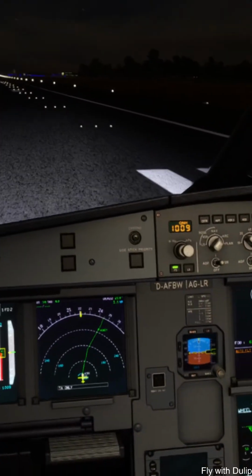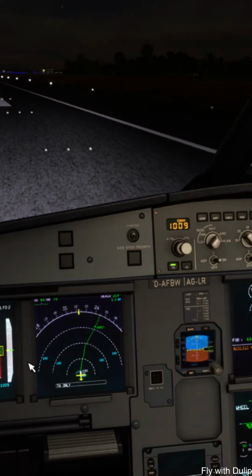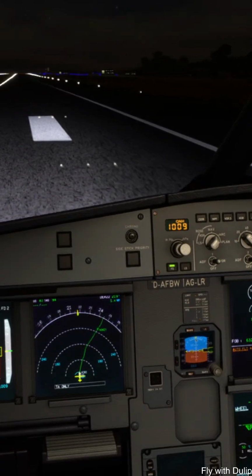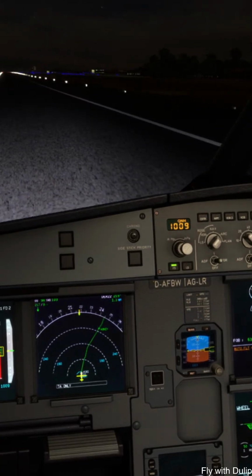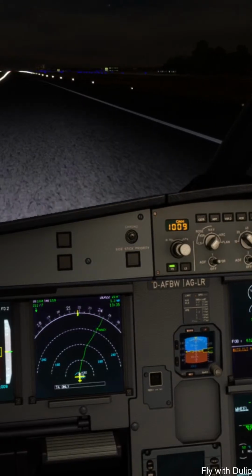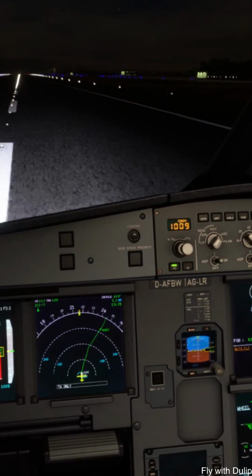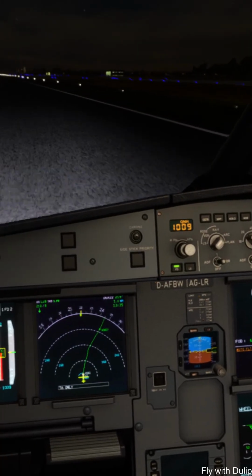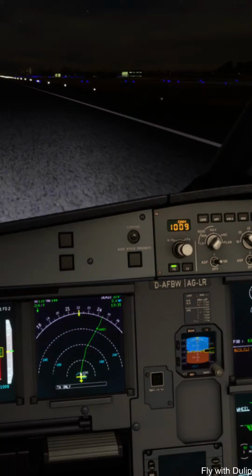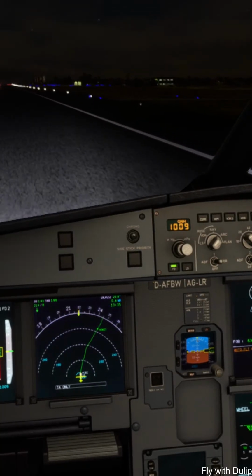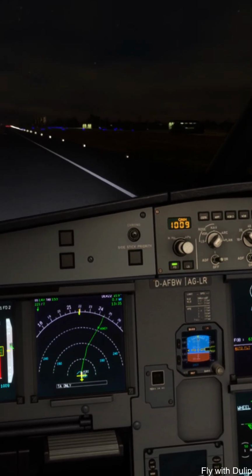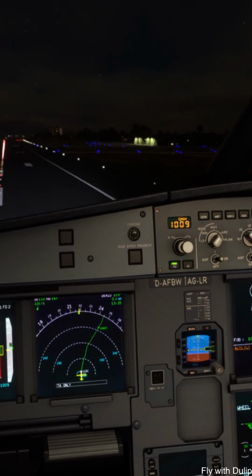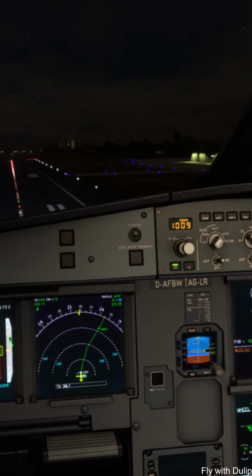Check. V1, rotate. V2, positive climb, gear up.